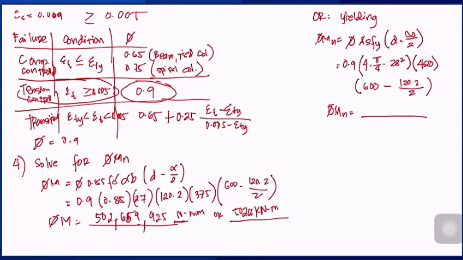So more or less dapat medyo magkalapit lang, dapat hindi malaki yung agwat mo. 502,656,222 Newton meter, or 502.66 kilonewton meter.